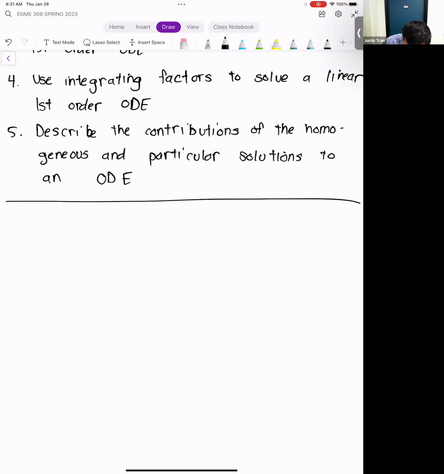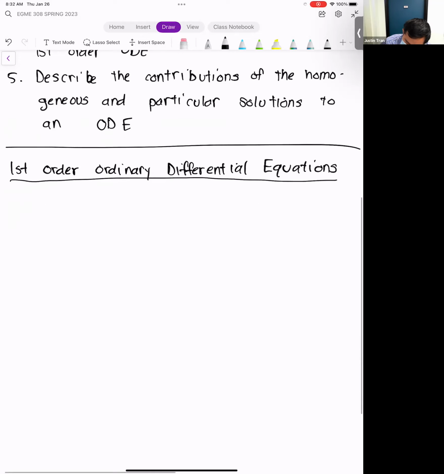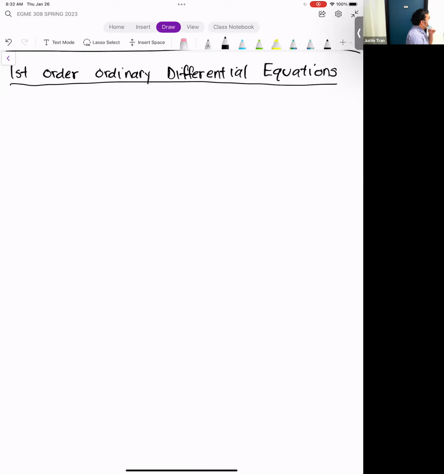Like I mentioned, the topic for today is first order ordinary differential equations. On Monday, we talked a lot about what this class is about. This class is a lot about how we take a physical engineering system and put it in a form that we can do analysis with. The underlying thread behind a lot of what we talked about on Monday is that you need to have a model.